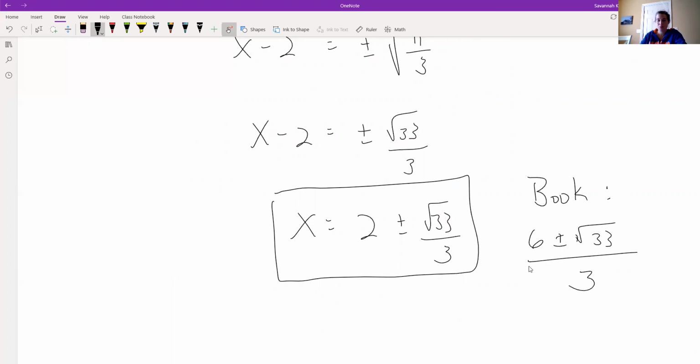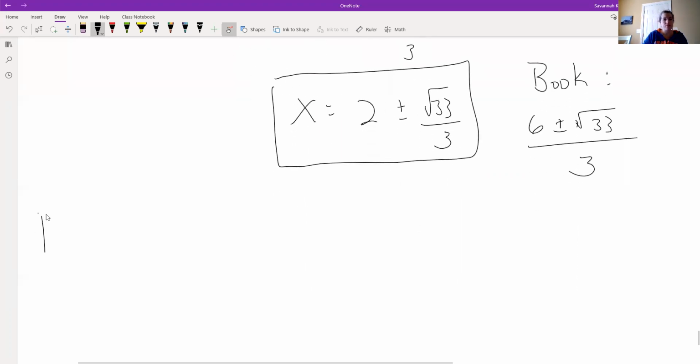So just bear that in mind if you're checking answers with the book at this point. I get what they're doing, and I get why they're doing it. But if there's no I in the problem, there isn't really a need to be conforming to a specific thing.